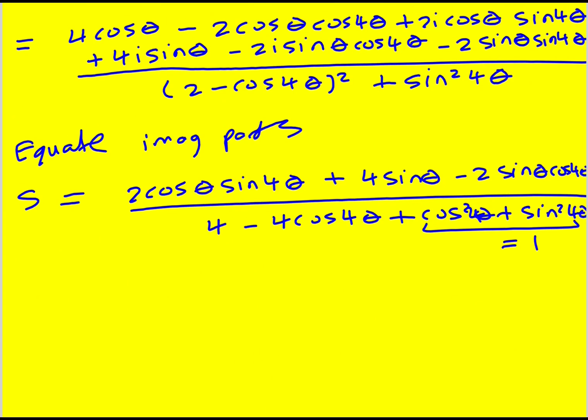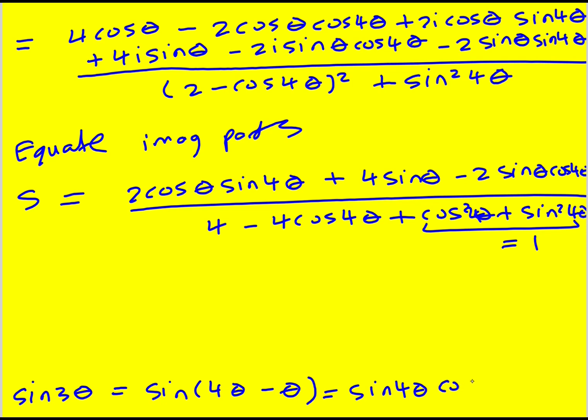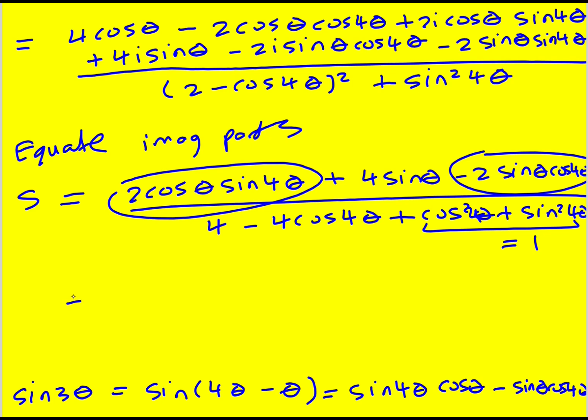And then sine 3 theta, if you use your addition formula, is sine of 4 theta minus theta, which is sine 4 theta cos theta minus sine theta cos 4 theta, which is precisely what we've got here, just multiplied through by 2.